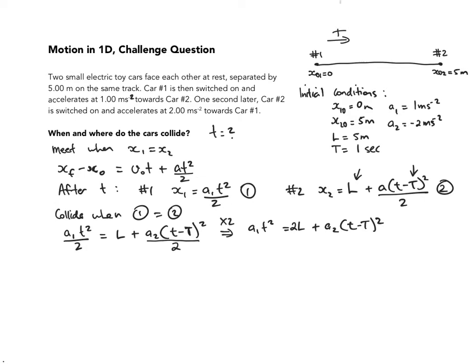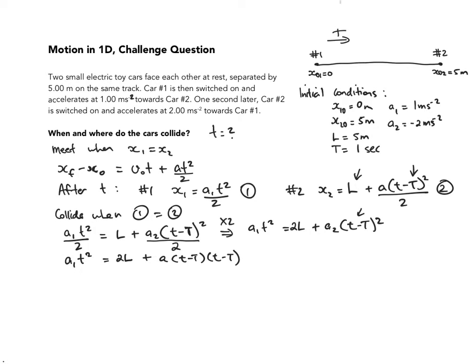So now we probably want to expand out that bracket. So we're going to get a1 t squared equals 2L plus a2 (t minus T)(t minus T).